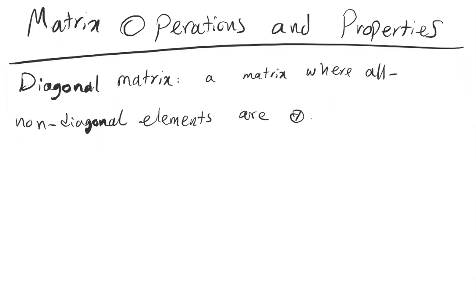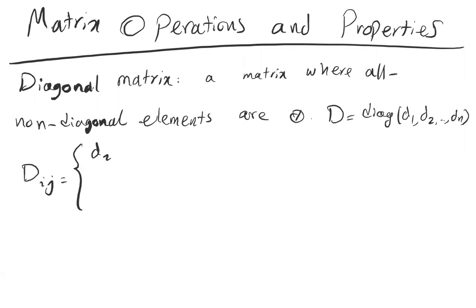Usually we represent this matrix as D is equal to diag(d1, d2, ..., dn). So what does that mean? That means D_ij is equal to d_i if i is equal to j, and 0 if i is not equal to j.